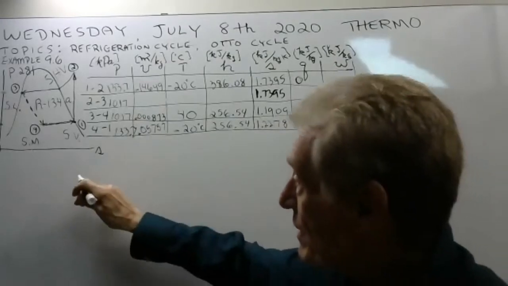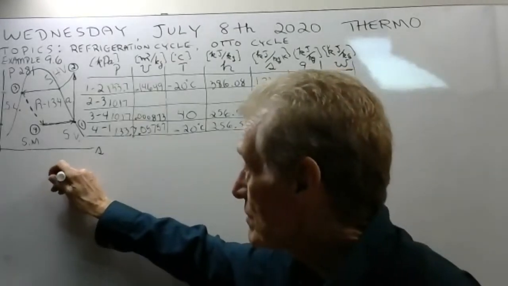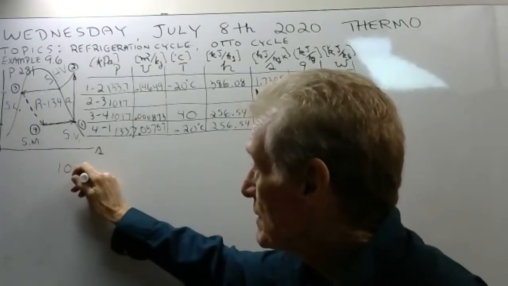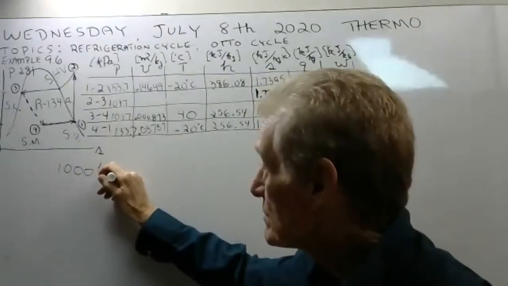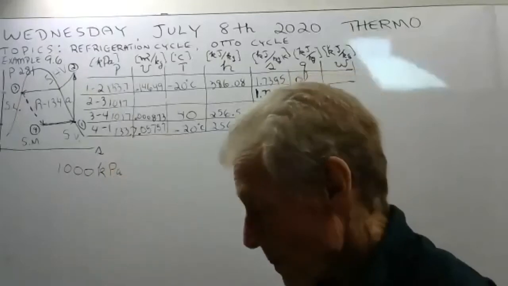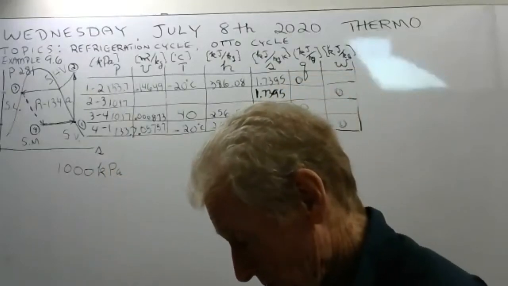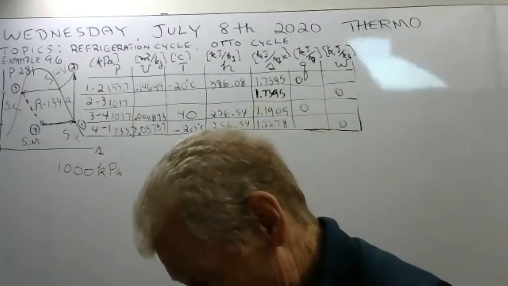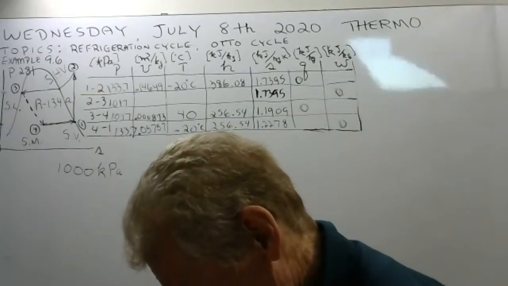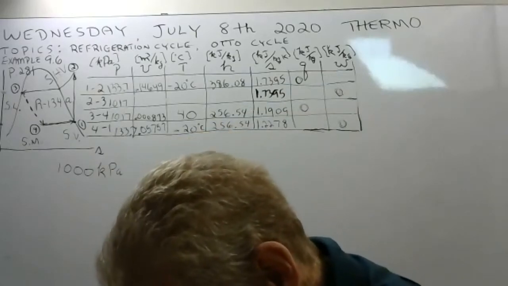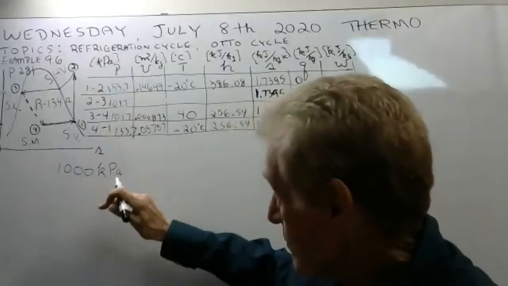I tell you what we do have. We do have 1,000 kilopascals, Table B.5.2.